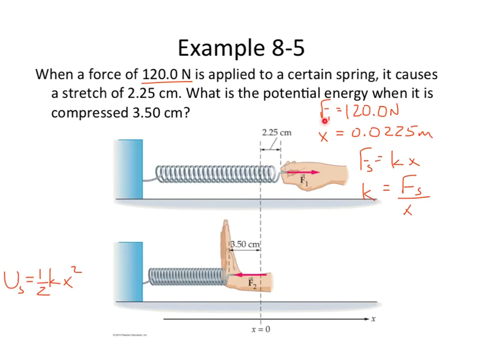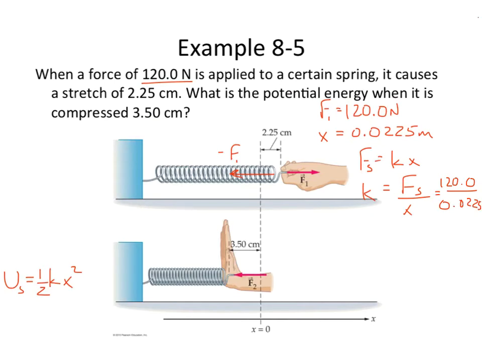The amount of force that you apply to the spring, 120 newtons, is going to be the amount of force that the spring is pulling back on you, so that's going to be equal to negative F1. And so we can find out the spring constant of the spring simply by dividing the force, that's 120 newtons, divided by 0.0225, sorry about that, meters.